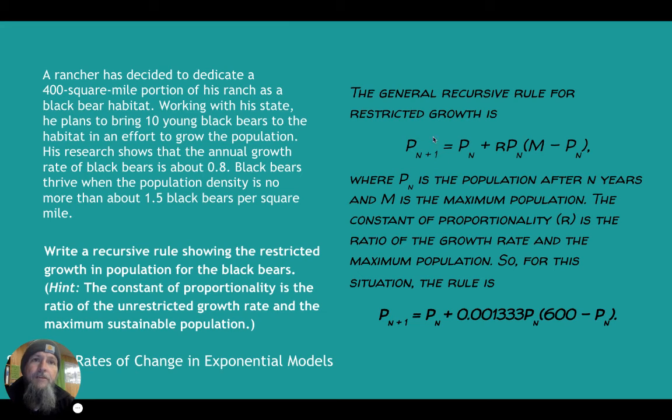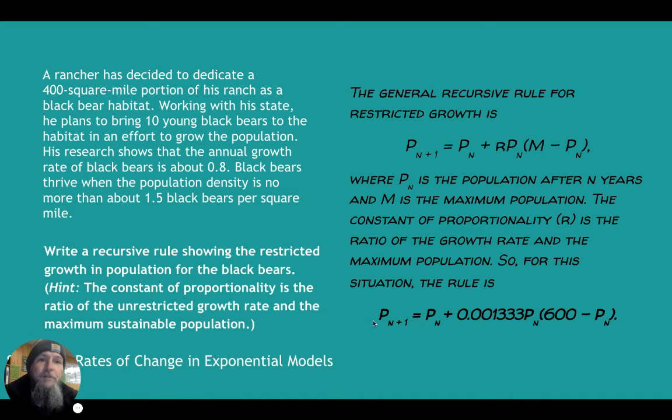The population of the bears in the next year equals the current population of bears plus the constant of proportionality times the current population of bears times the maximum number of bears minus the current population of bears. Well, Pn is the population after n years, and M is the maximum population. The constant of proportionality, R, is the ratio of the growth rate to the maximum population.